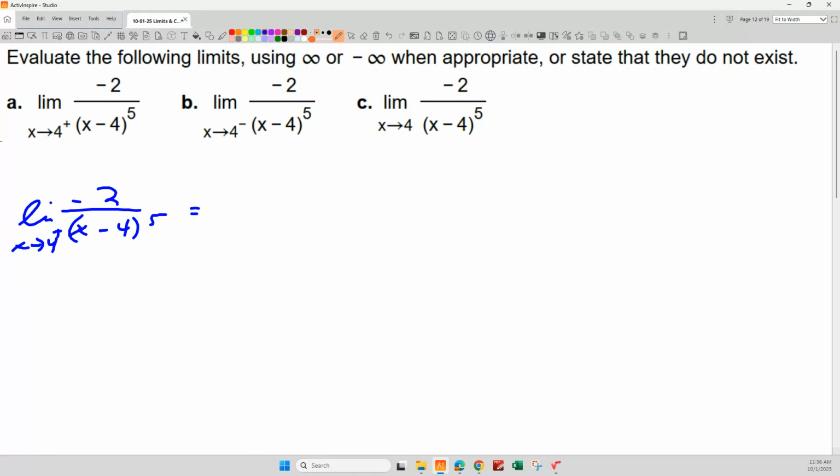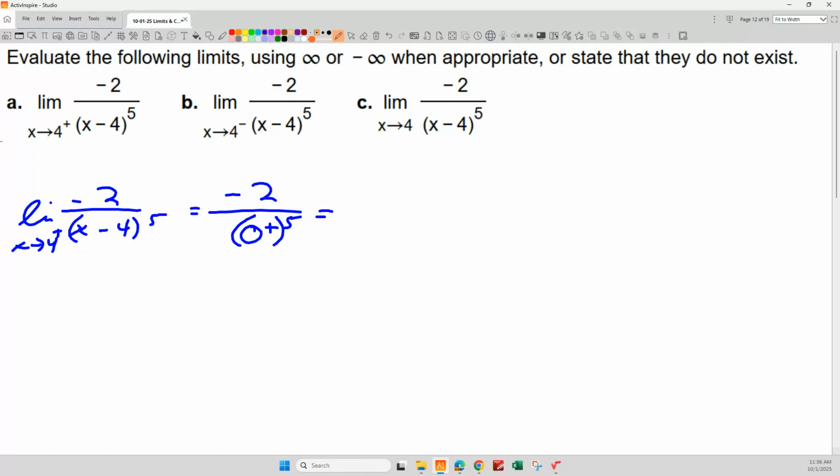Well, negative 2 divided by a number slightly bigger than 4 minus 4 is what? 0 positive, right? So I'm going to get 0 positive to the 5th. What's 0 positive to the 5th? Positive.